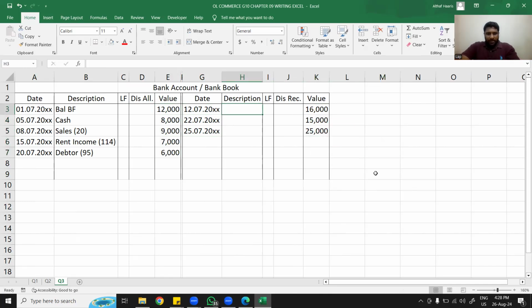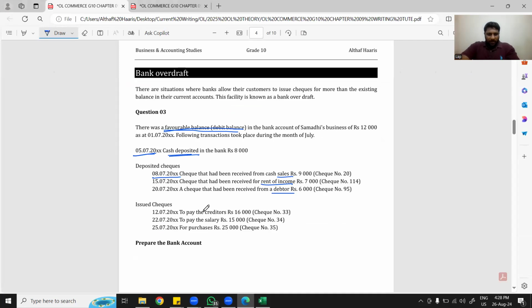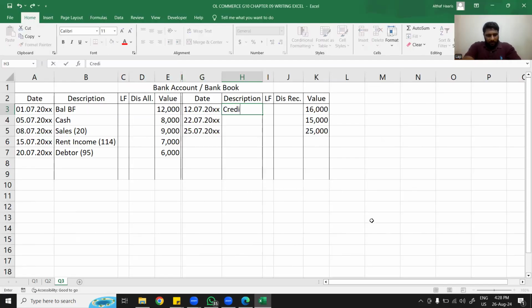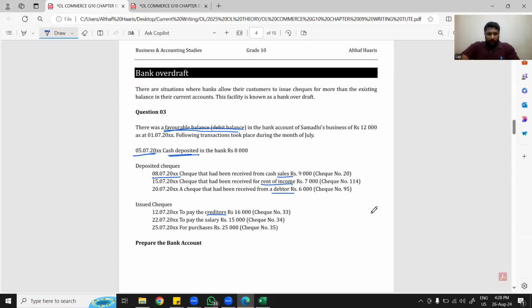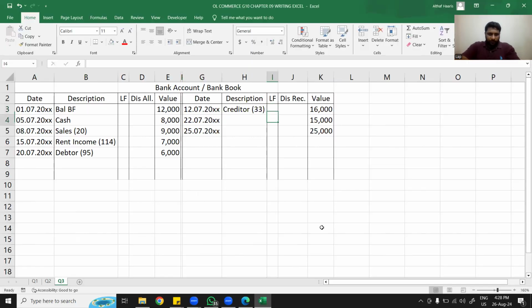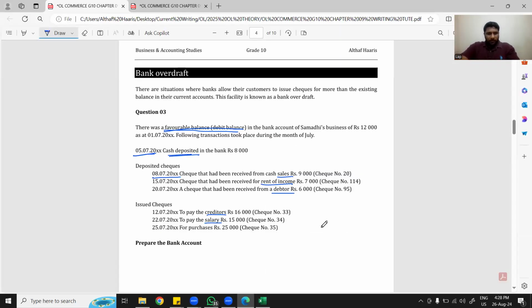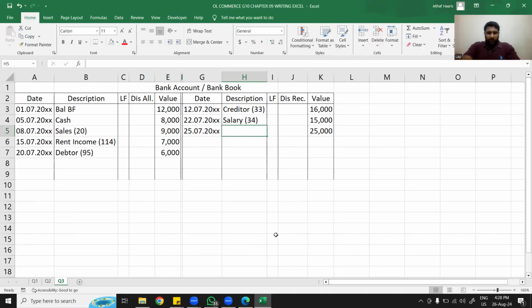Why are you making these payments? One is for creditor, 33. Salary, 34. Purchase, 35.